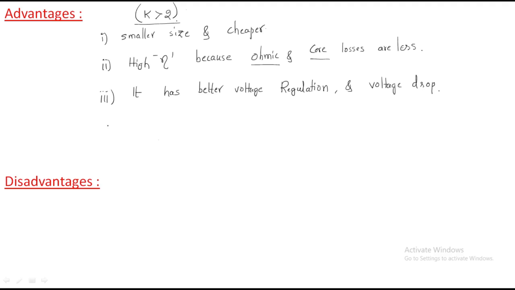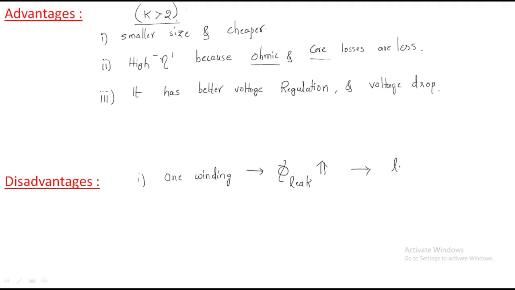Next, disadvantages. The auto transformer has advantages, but it also has some disadvantages. The first is that it has only one winding, so the leakage flux is very high.